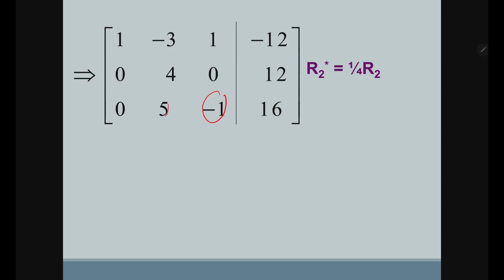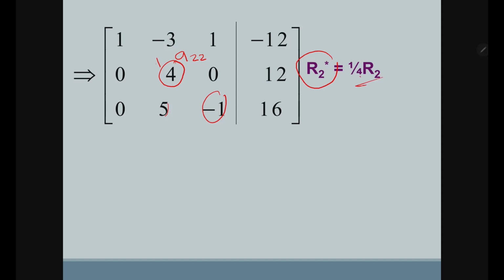Next, we need to make sure here must be 1 because we want to reduce to identity matrix. Okay, how to get this one? The second row, A22, the second row and the second column must be 1 by using the formula of 1 over 4 times R2.